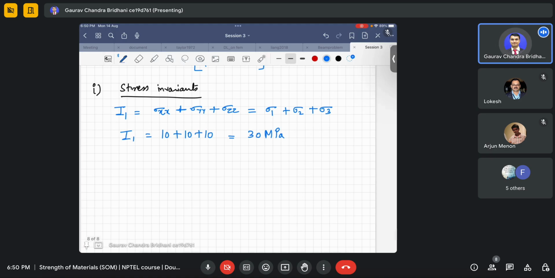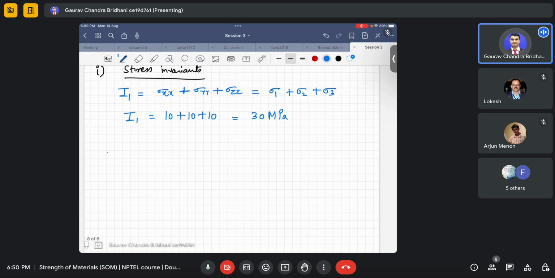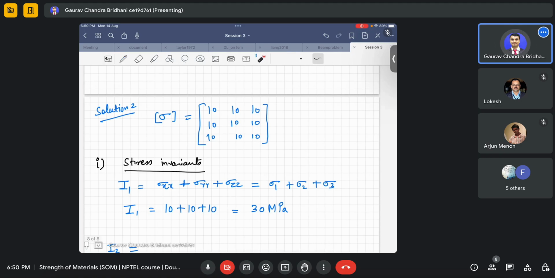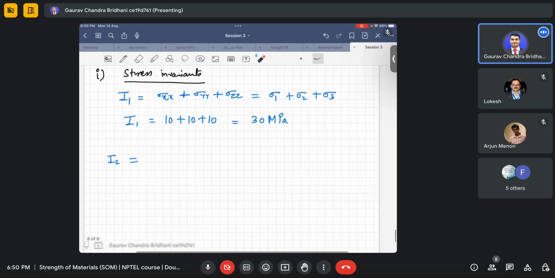Now coming to the second invariant, I2. As the professor has told in the class, you have to take each 2 by 2 matrix, one is this, another one is this, and the other one is this, and find the determinant of each.